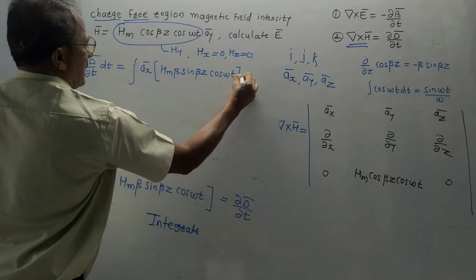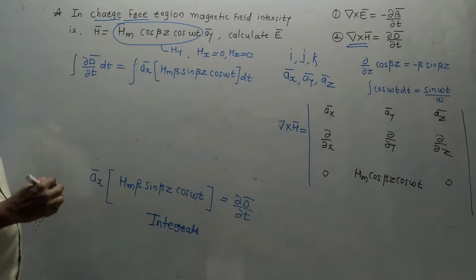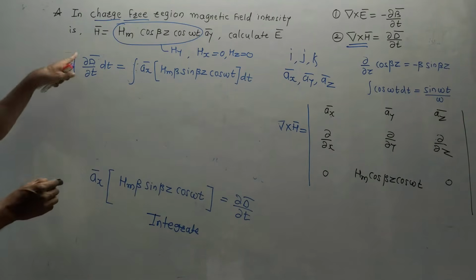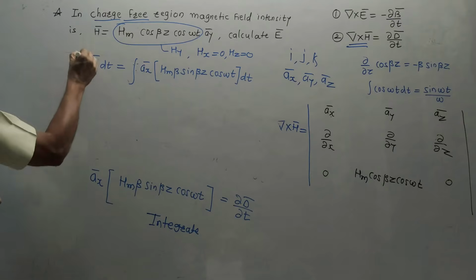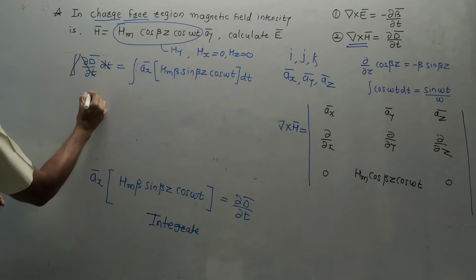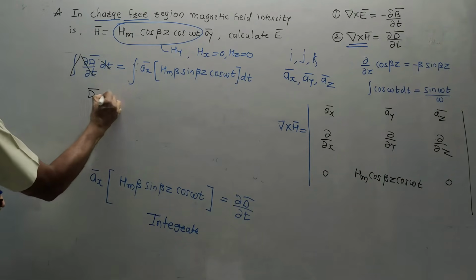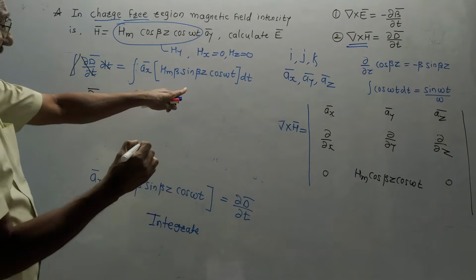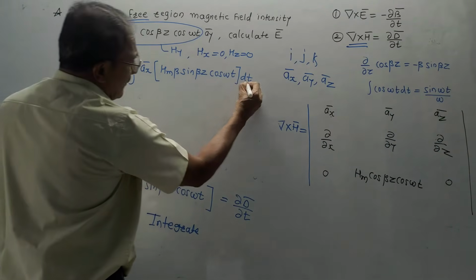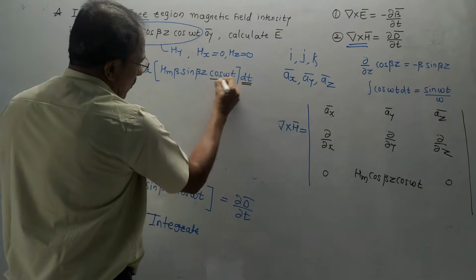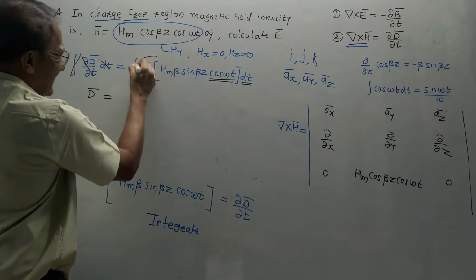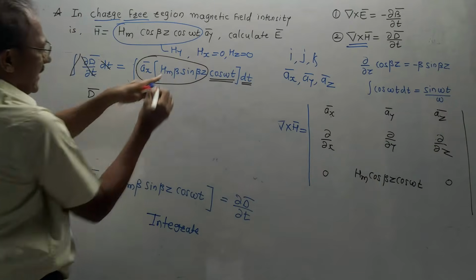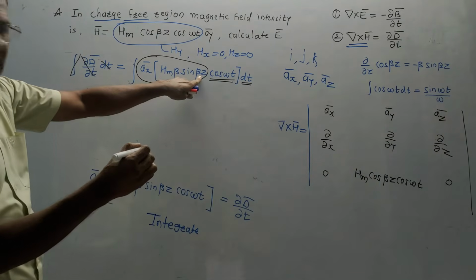Integration is with respect to dt. Now I have to perform the integration. Just now I mentioned, if derivative sign is there and you are taking integration, this integration and derivative gets cancelled, so only d bar is left at the LHS. At the RHS, keep in mind you are integrating with respect to t. Only term corresponding to t is cos omega t. So all these terms, that is ax bar, hm beta, sin beta z, are constant.